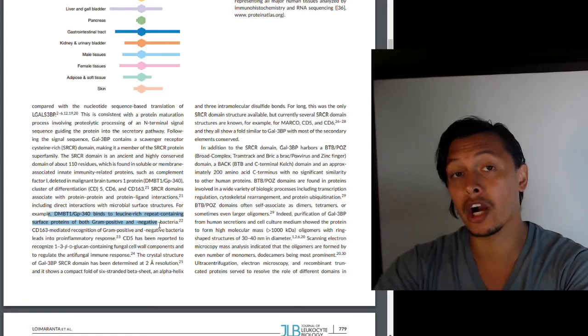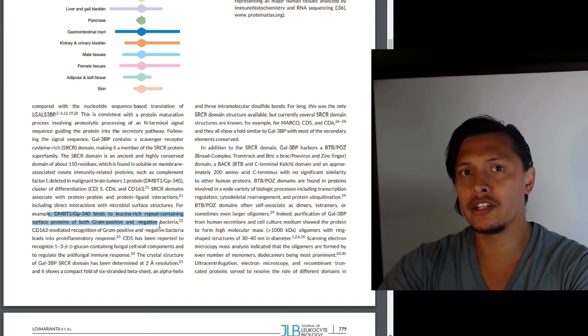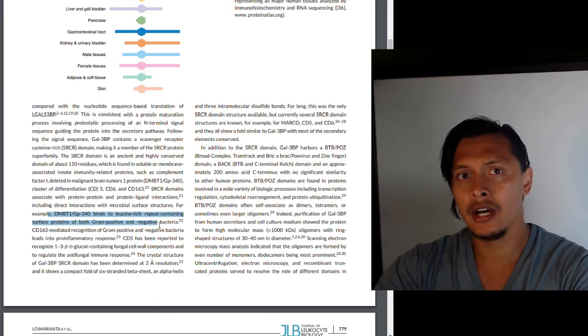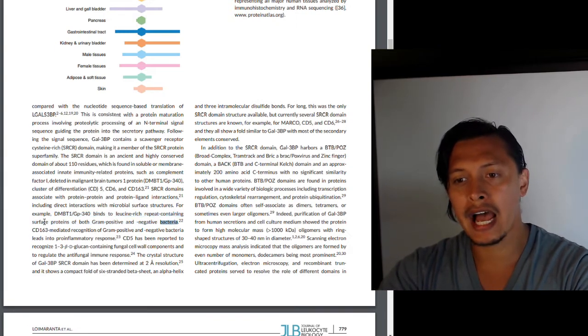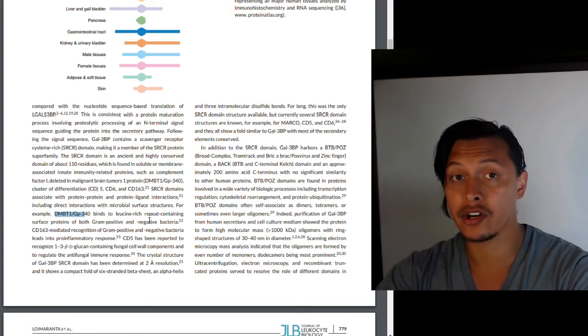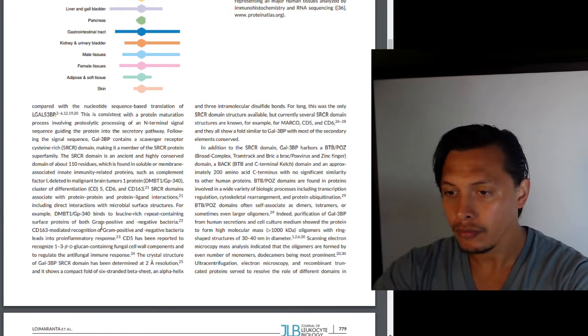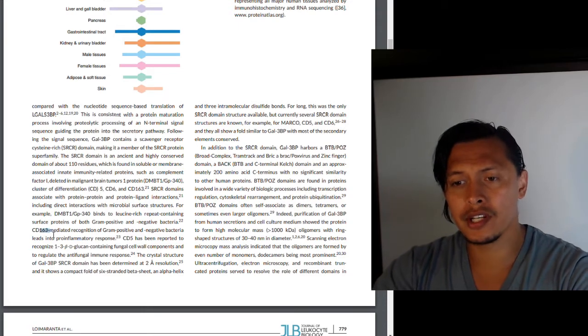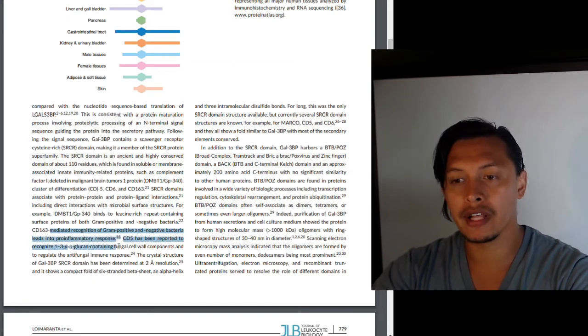This doesn't require a finely tuned adaptive process to create antibodies against these particular bacteria. They already have a receptor that has the ability to recognize that this is not necessarily good to have in your body. Anyways, CD163 mediated recognition of gram-positive and negative bacteria leads to the pro-inflammatory response.